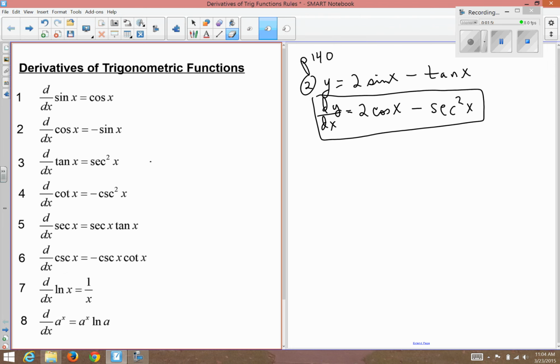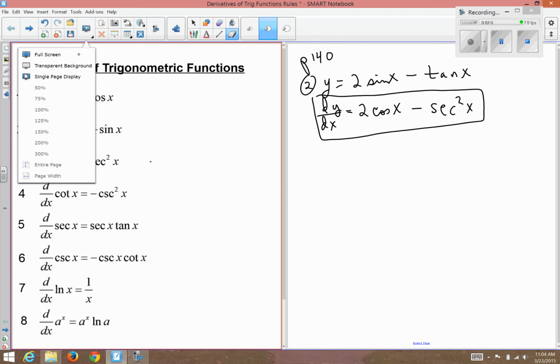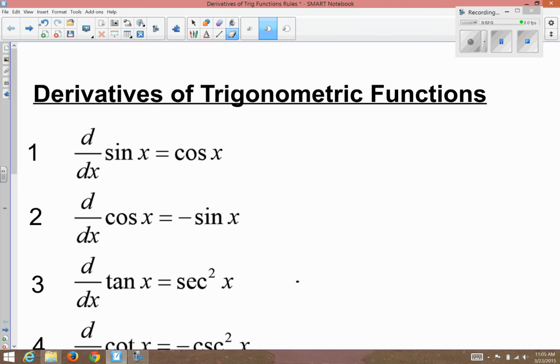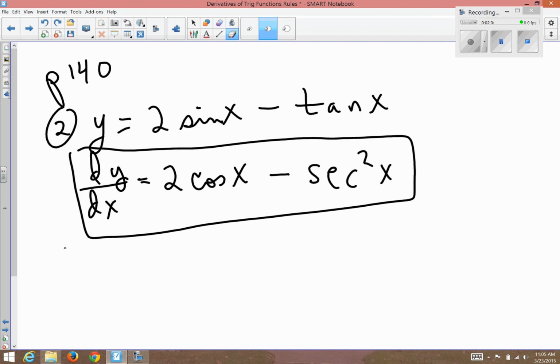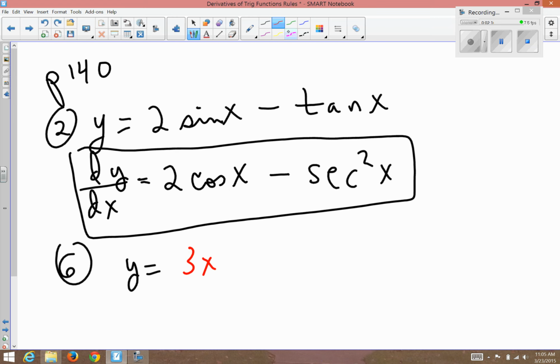Number six. y equals 3x plus x times the tangent of x.